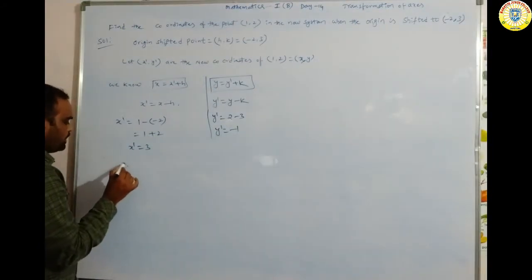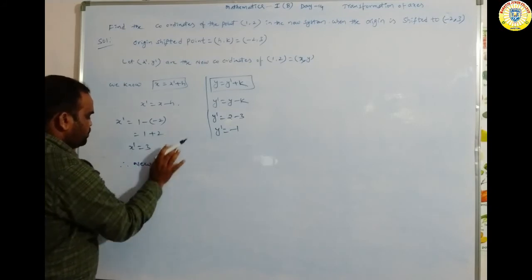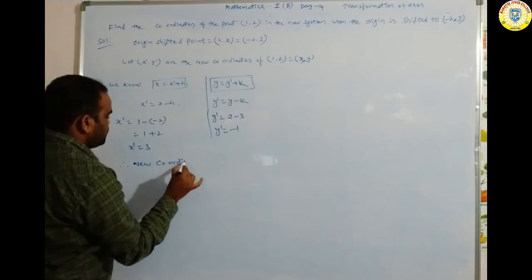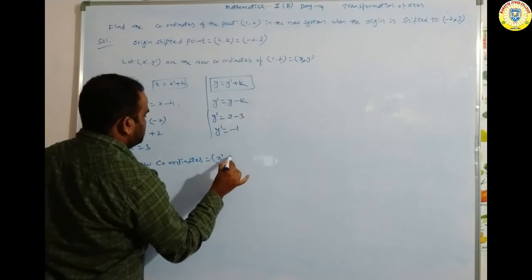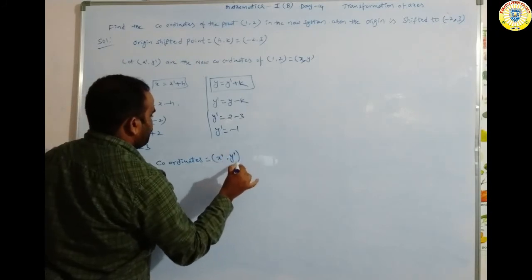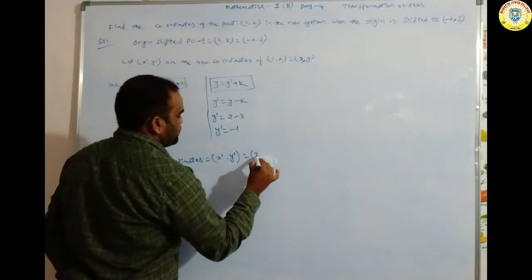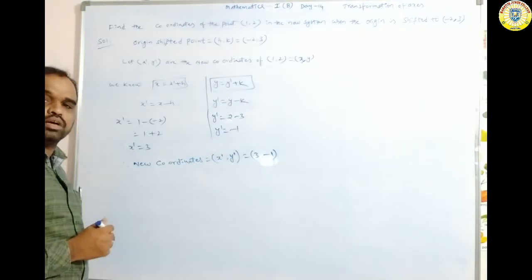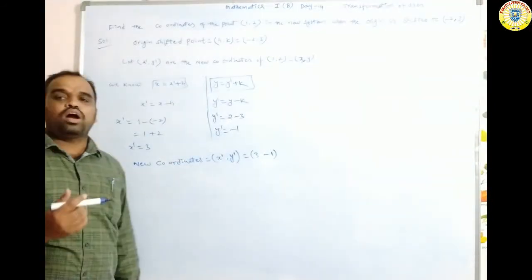Therefore the new coordinates, x' comma y', are x' = 3 and y' = -1. So (3, -1) are the coordinates of (1, 2) in the new system.